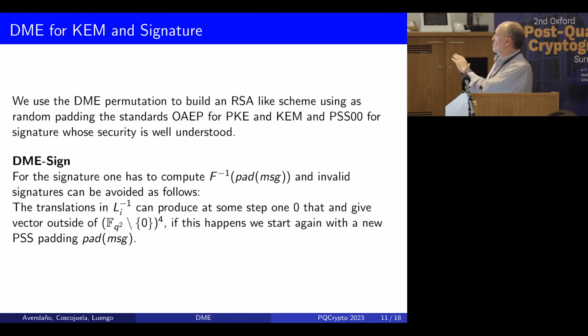We have to apply the inverse of all the elements: L minus 1, F minus 1, etc. The problem is that with the affine translation, some zero can appear, but if this happens, we can start again with another padding. So these invalid signatures are always easy to avoid.